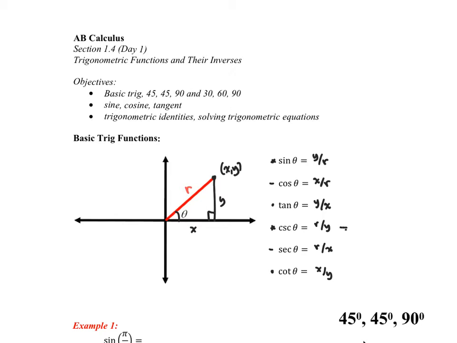Now, cosecant can also be written as 1 over sine of theta. Likewise, in the same way for the others. So 1 over cosine theta for secant, and 1 over tangent theta for cotangent. So that's some basics of right triangle trig, and we're going to utilize those here in a little bit.